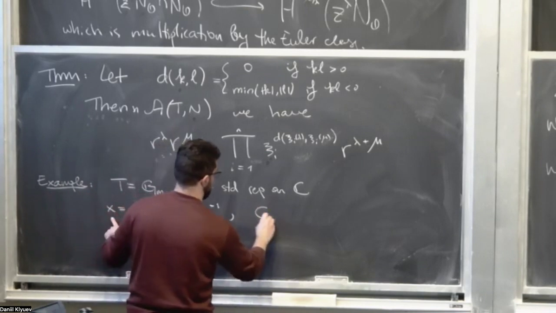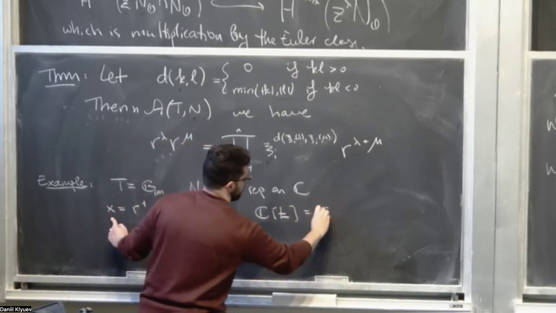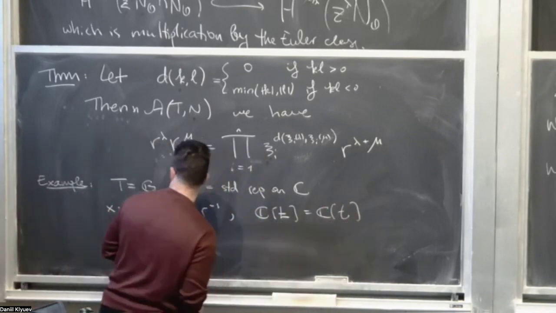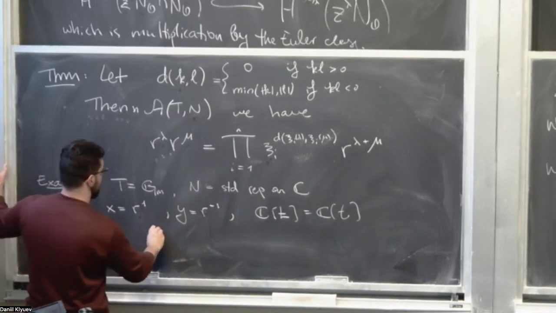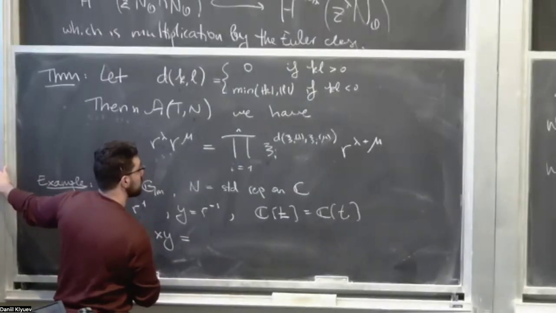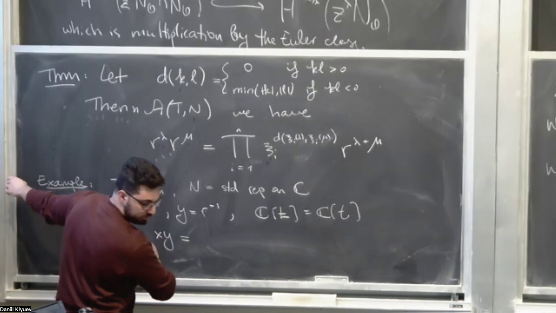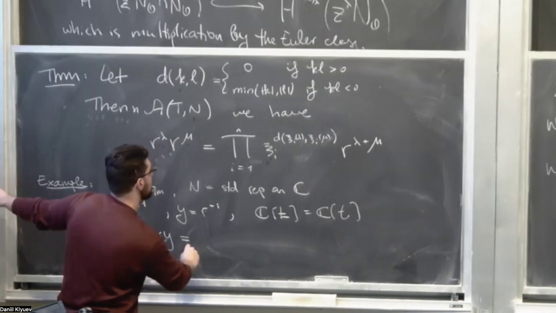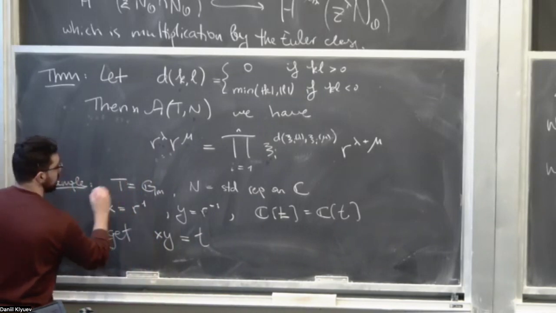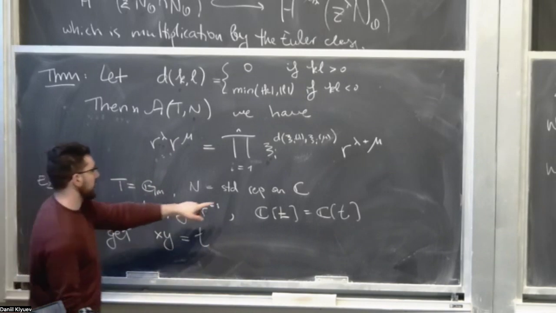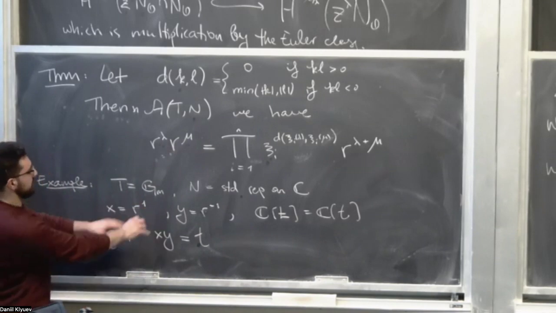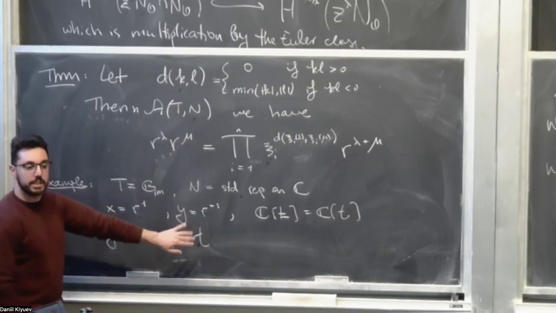And then the Lie algebra of T gives a polynomial algebra in one variable that I call little t. I hope that's not too confusing. And then we get x times y equals t. You can take powers of the standard representation and you get that power of t appearing here and stuff like this. This is just to digest the formula in the simplest case.